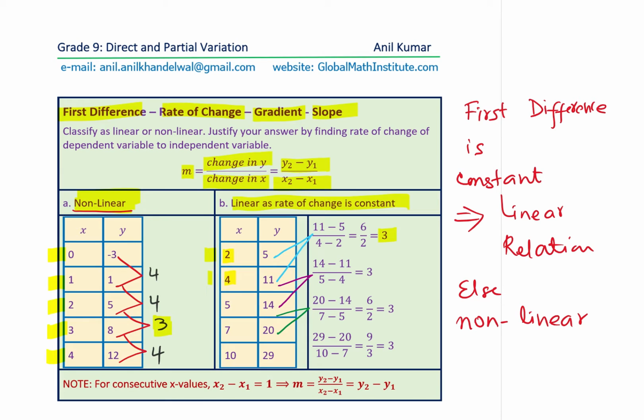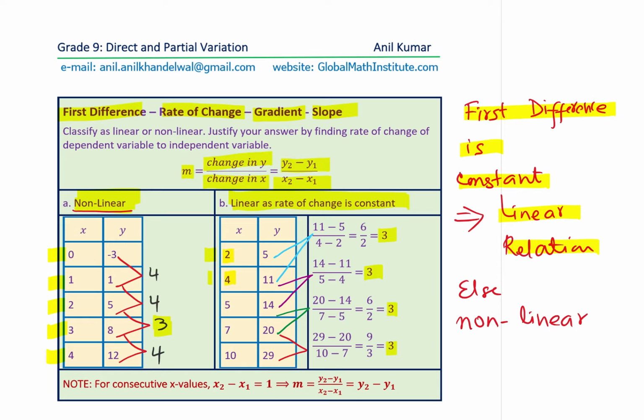And then the last set of points, which is 29 minus 20 divided by 10 minus 7, also gives you 3. So in all the cases, we get the constant first difference, right? So first difference is constant and therefore the relation is linear. And that's why we conclude that this relation is linear. Is that clear to you?